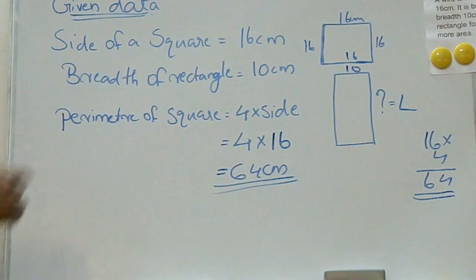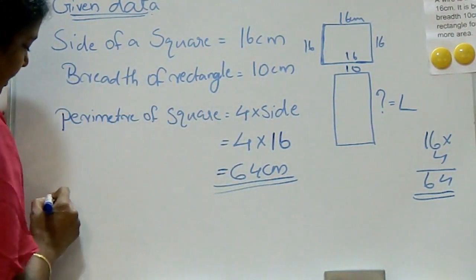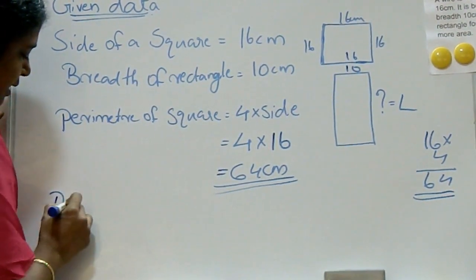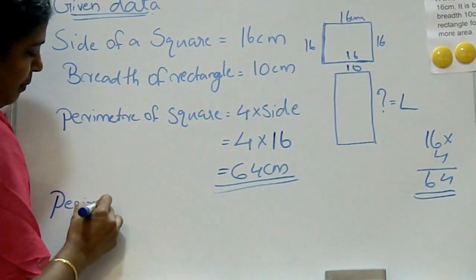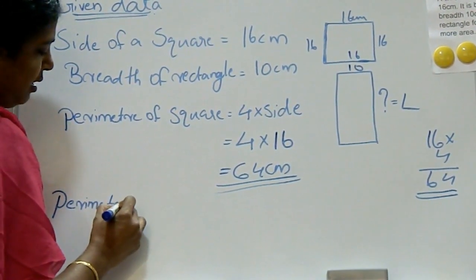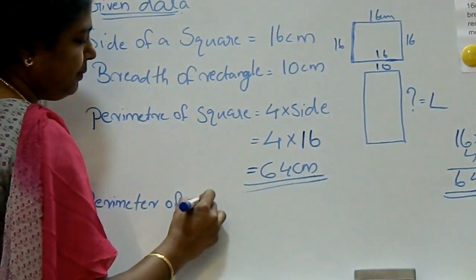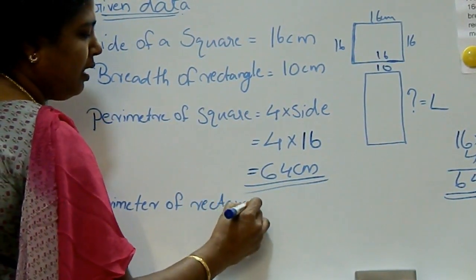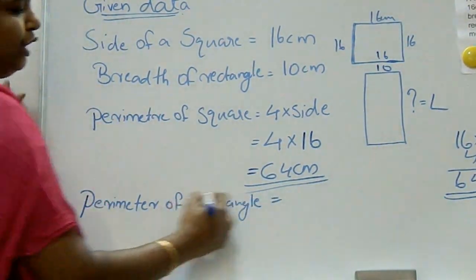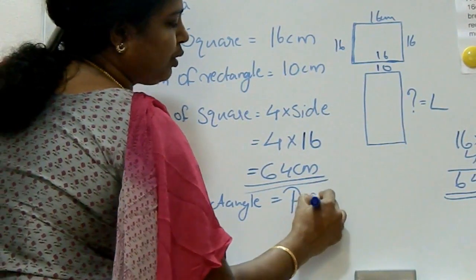That's why we will find out the length from the perimeter of the rectangle. Perimeter of rectangle is equal to perimeter of square.